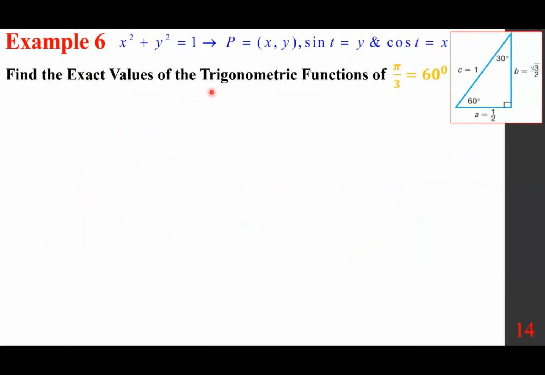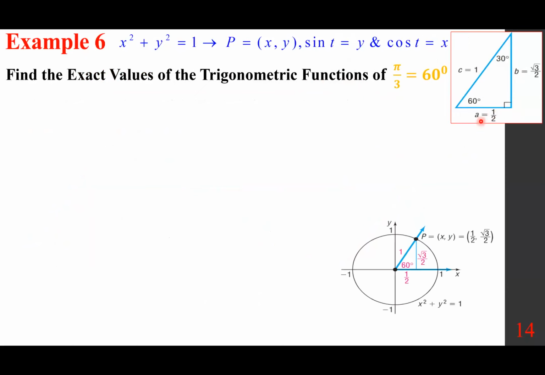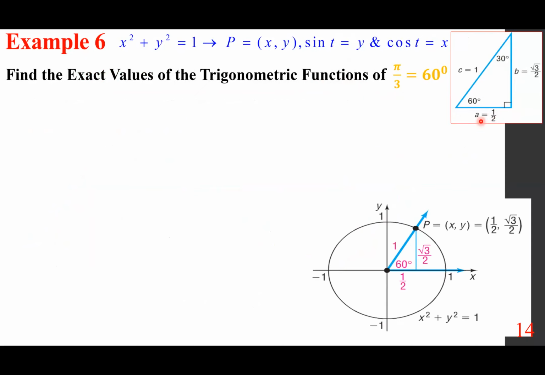Find the exact values of trigonometric function for 60 degrees. We proved this from the previous page. We put that into a unit circle. So this is 1. This is 60 degrees. Since this is 1, it's going to be on the circle. P has coordinates x, comma, y.